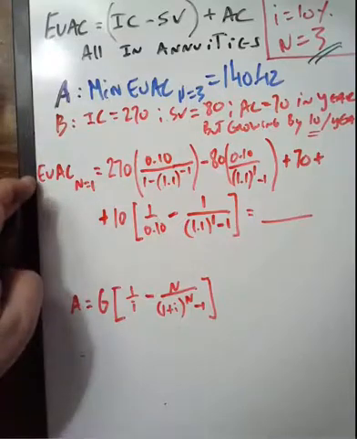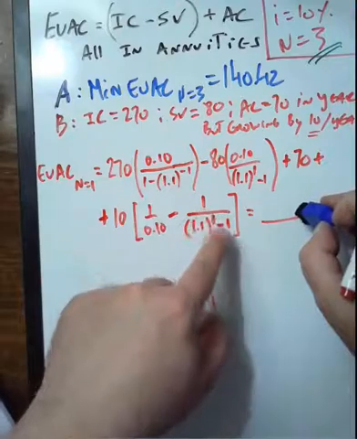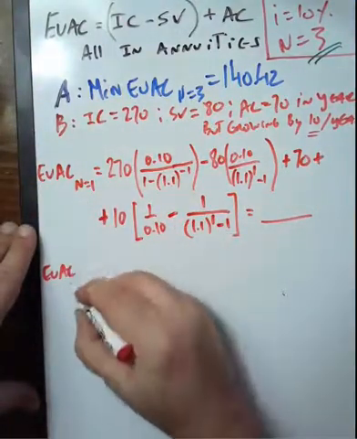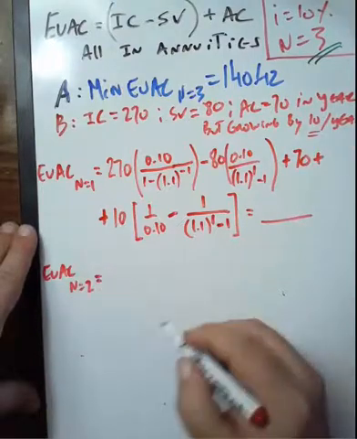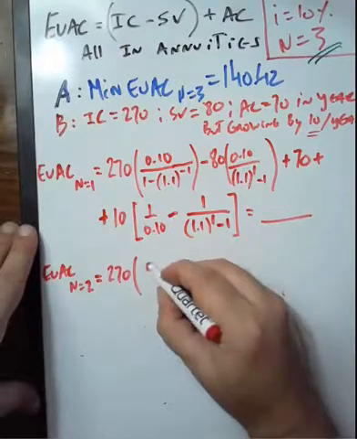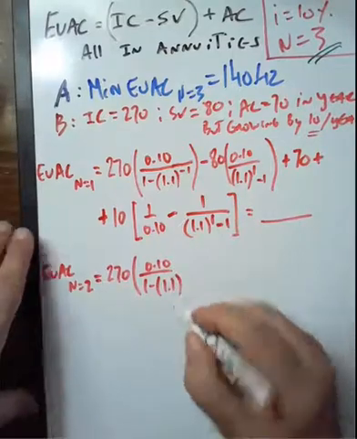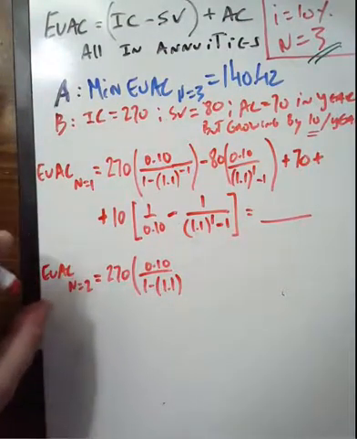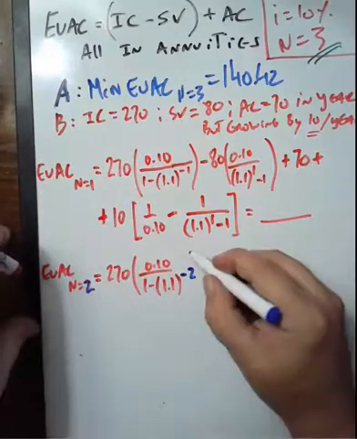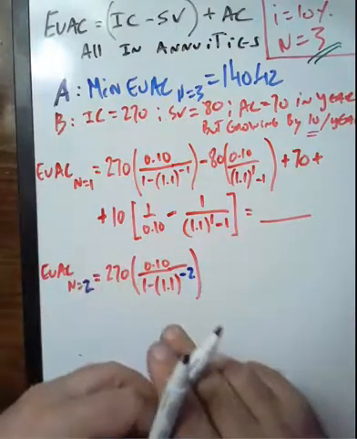Then what if we keep machine B for 2 years? We're gonna replicate this formula, just updating the n's. So if we are to keep the machine for 2 years, then we have to compute this formula for when n is equal to 2. So all that I'm doing here is updating the n. So here now it's minus 2. N is 2, so I now have that n equal to 2.